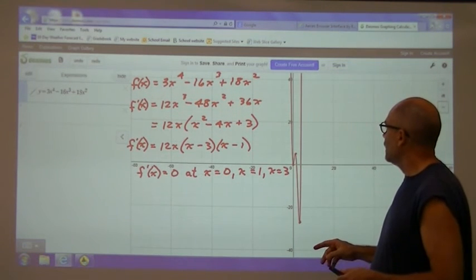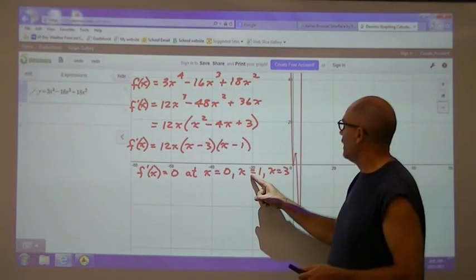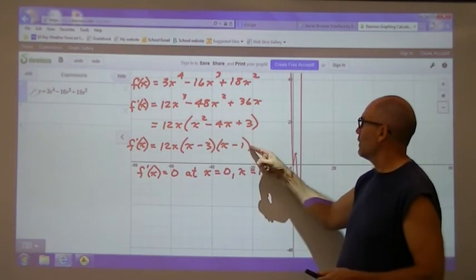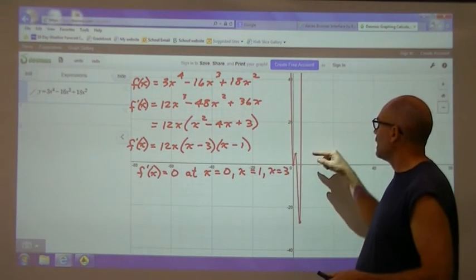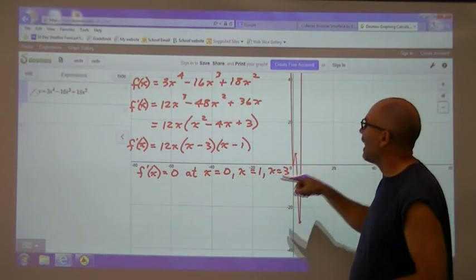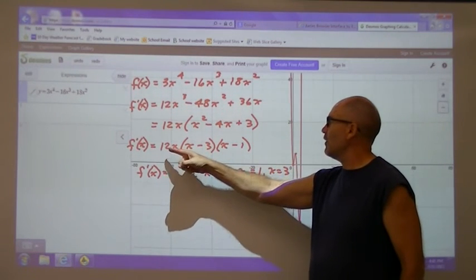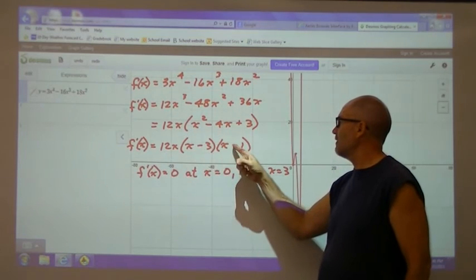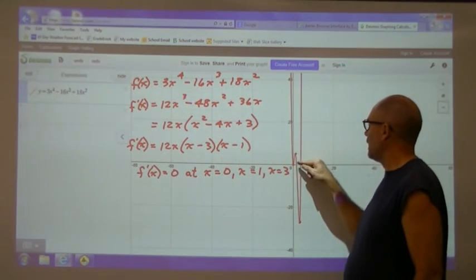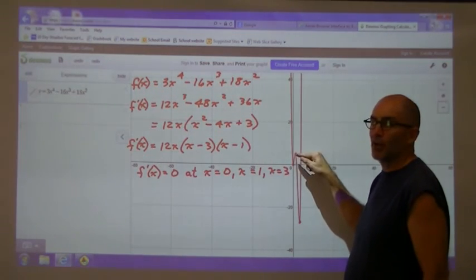Now, if we check out x equals 1, that's going to give me a derivative of 0. Now, let's check out x equals a half. If I put 1/2 in here, I have positive times negative, which is positive. So at x equals a half, I have a positive slope.